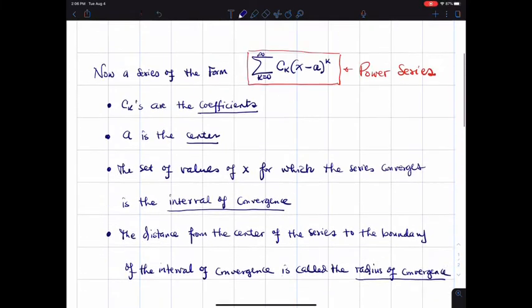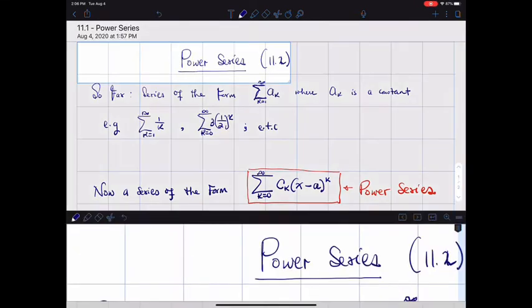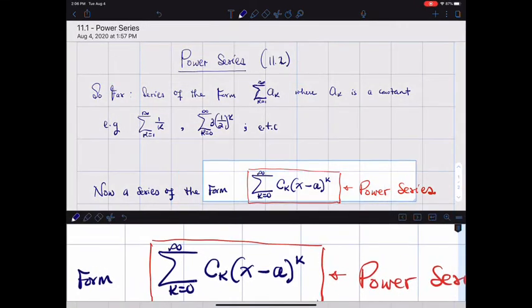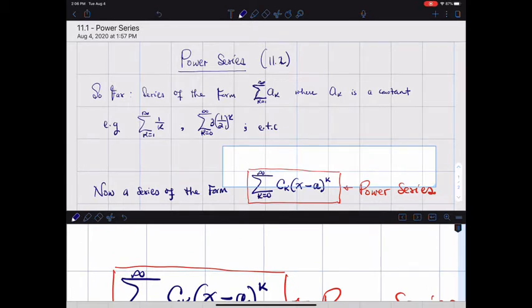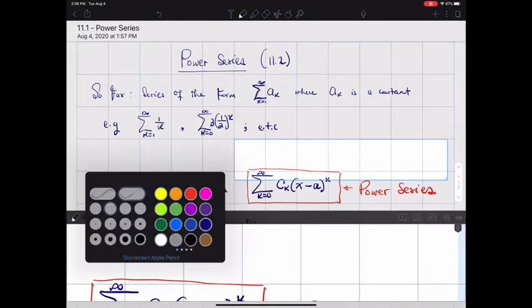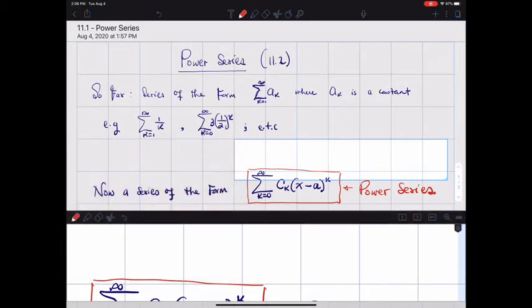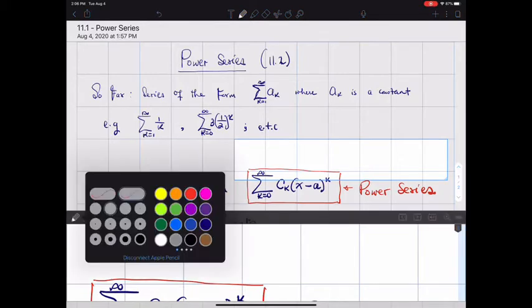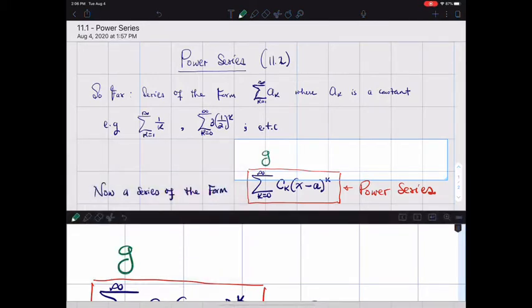Okay, if you look at this, since this has an x in it, it's possible that it could be a function, and we don't know if it's a function or not, but we're going to try to be thinking of this as a function.